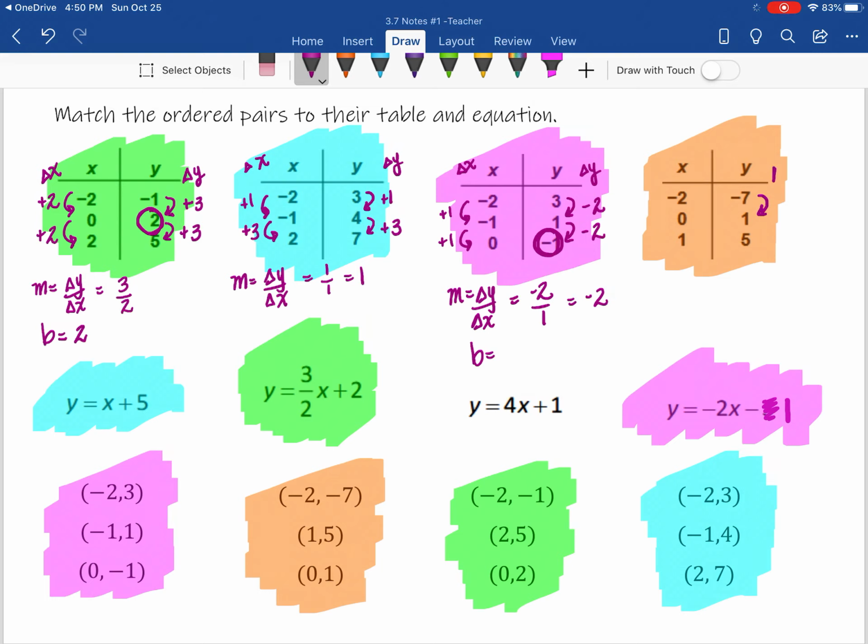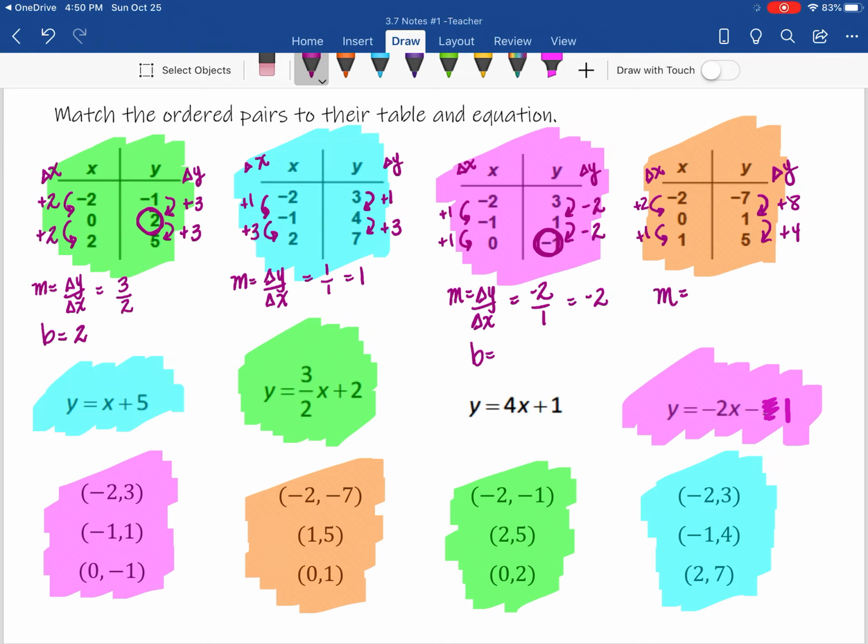For practice, change in y, -7 to 1, that's adding 8. 1 to 5 is adding 4. Looking at the x column, -2 to 0 is adding 2. 0 to 1 is adding 1.